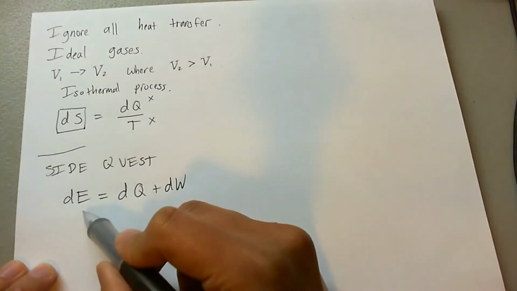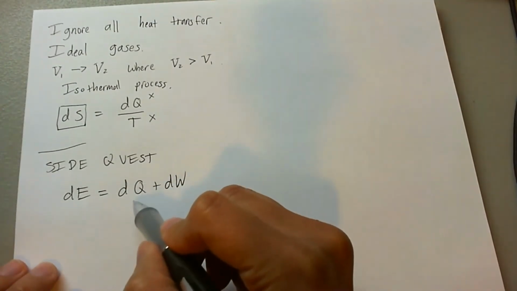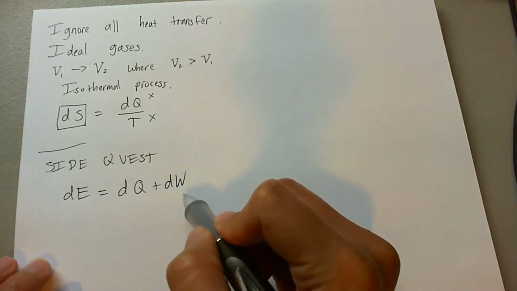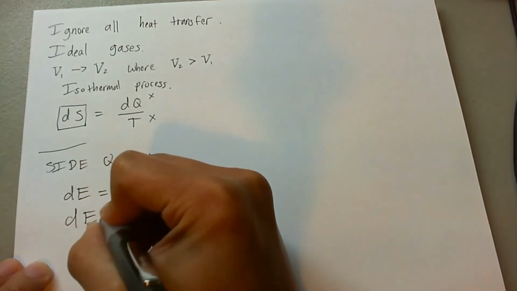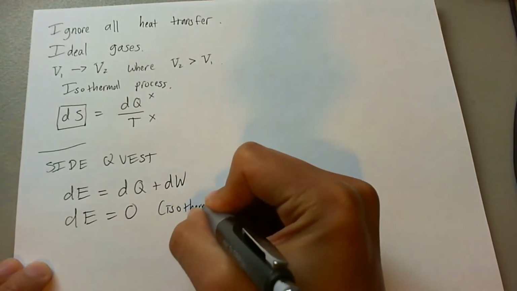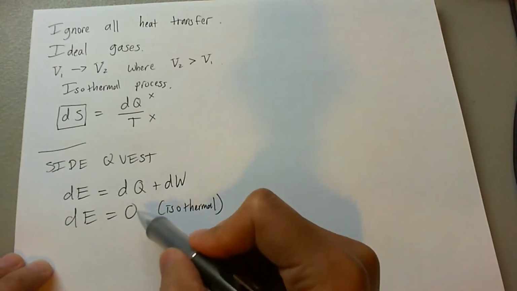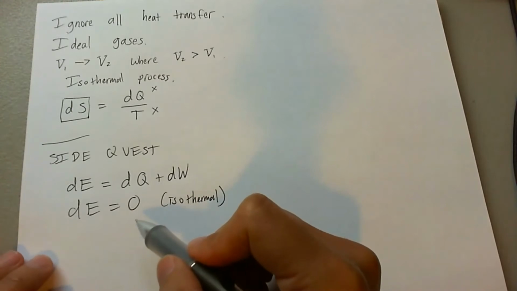The change in internal energy, or thermal energy, is the Q and the work done on or by the system. So if something is isothermal, then dE is zero. That's what isothermal means. There's no change in temperature, so therefore the energy of the system remains the same through the expansion process.